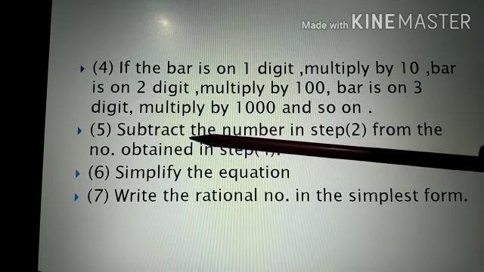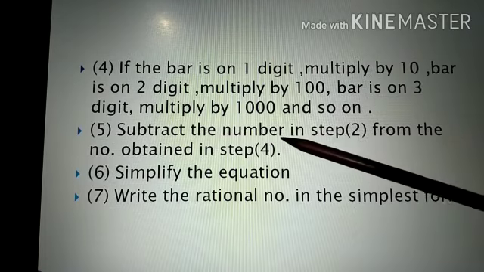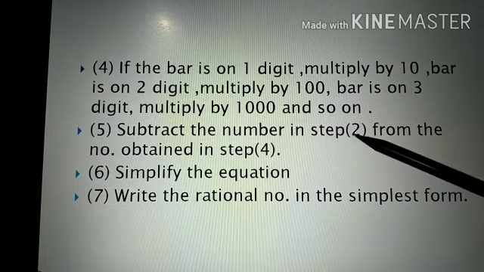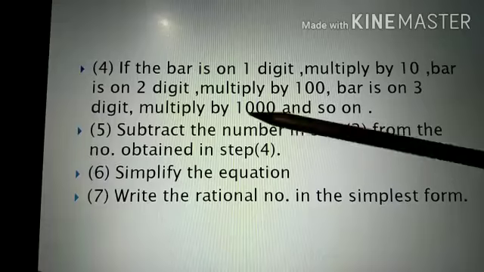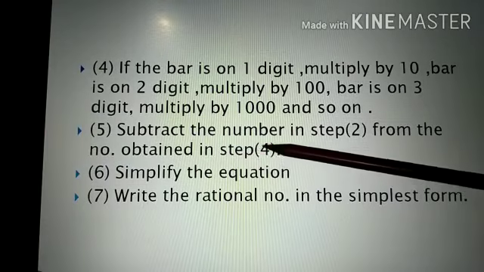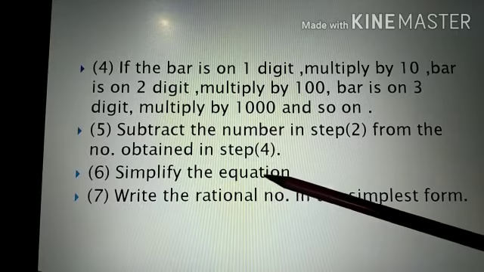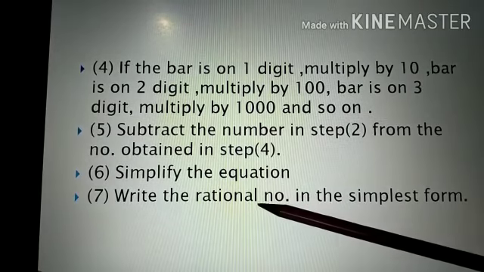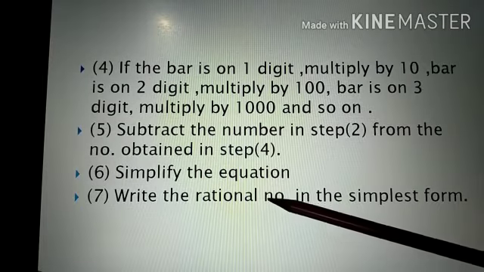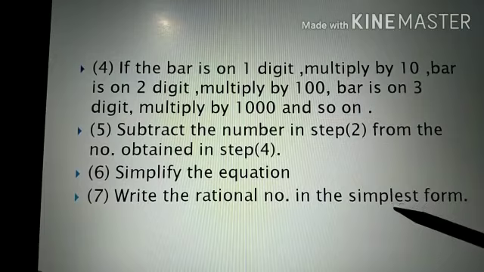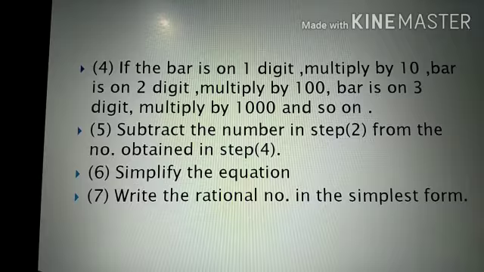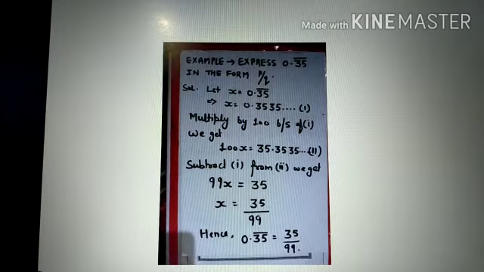Now in the fifth step, subtract the number in step second from the number obtained in step 4. Then we have to simplify the equation and at the last we have to write down the rational number in the simplest form. Now we can understand this procedure by the following examples.